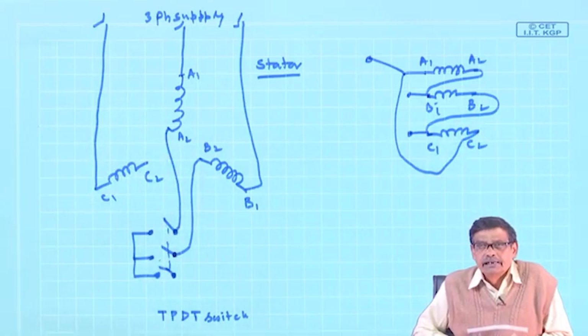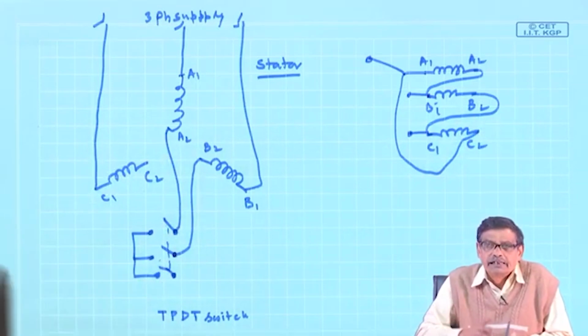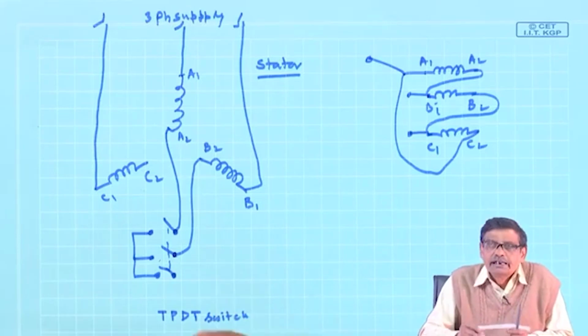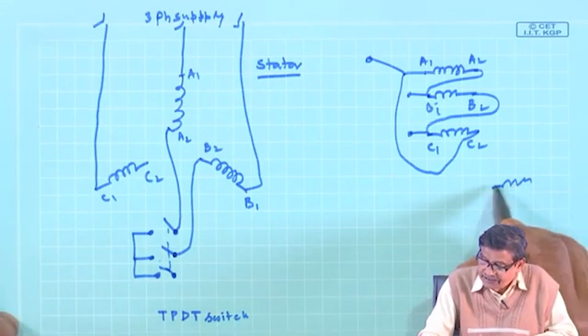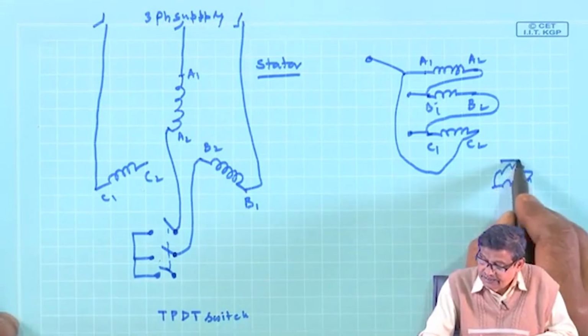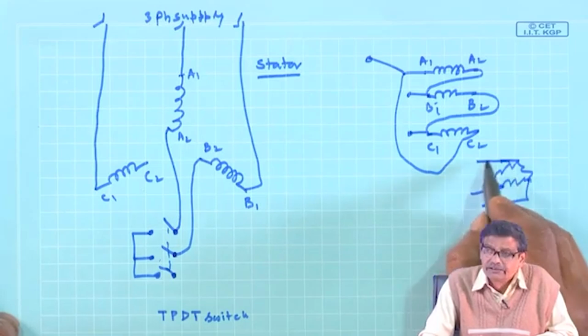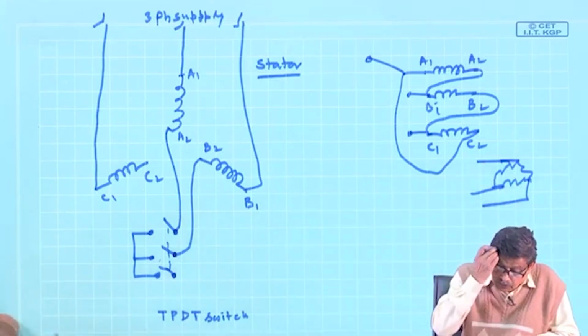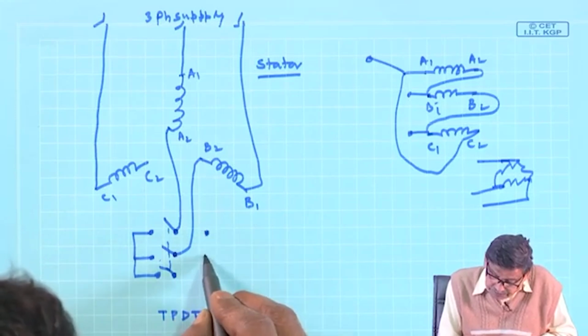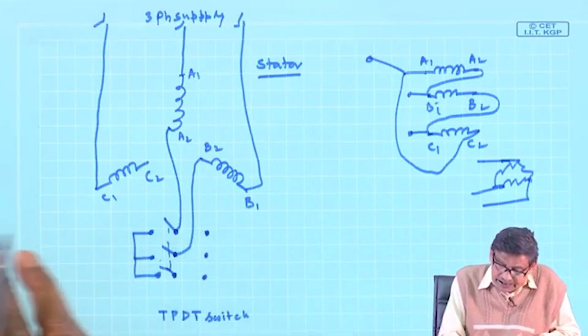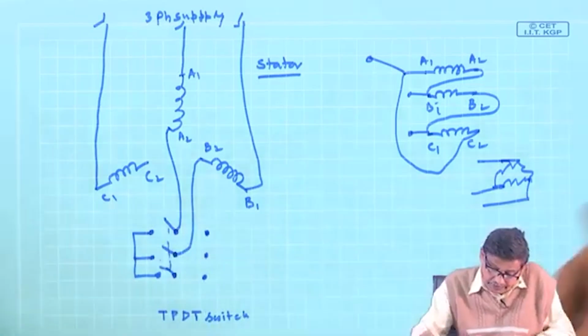So delta connected, mind you, of 3 elements means they are to be connected in series and the circuit is closed. Then the junctions are the delta point junctions, that is, we are drawing like this. I think you have got the point. So what I will be doing on the other side of this switch, once again I will do a little bit of wiring.